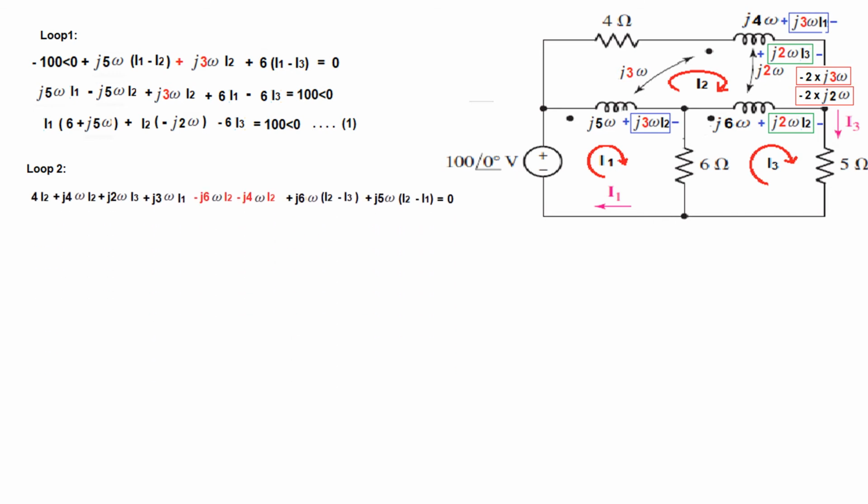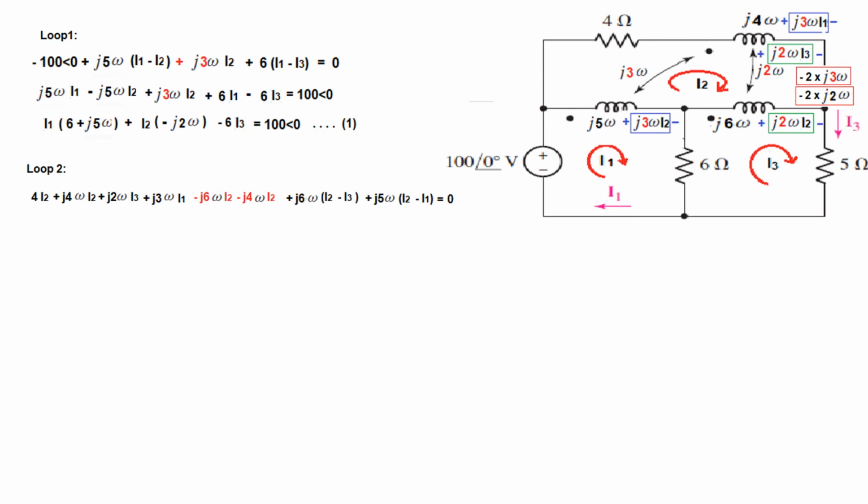We're starting from here, j4 and only one current I2, so j4 into I2. Here also j4 into I2, one current, so j4 into I2. Then we have these two induced voltages, we write them j2 omega I3 plus j3 omega I1.